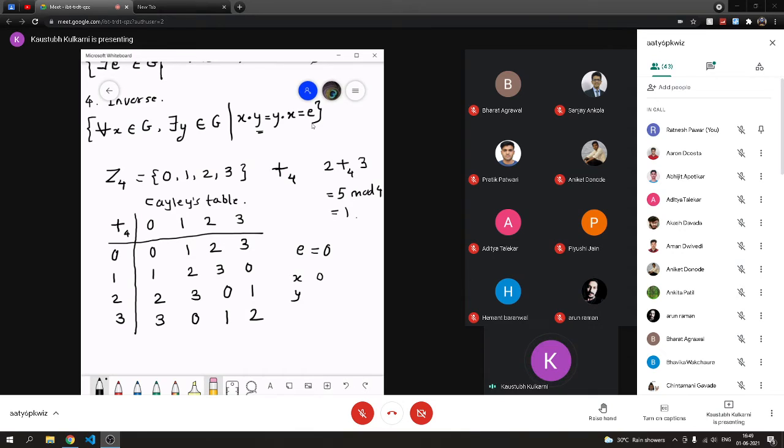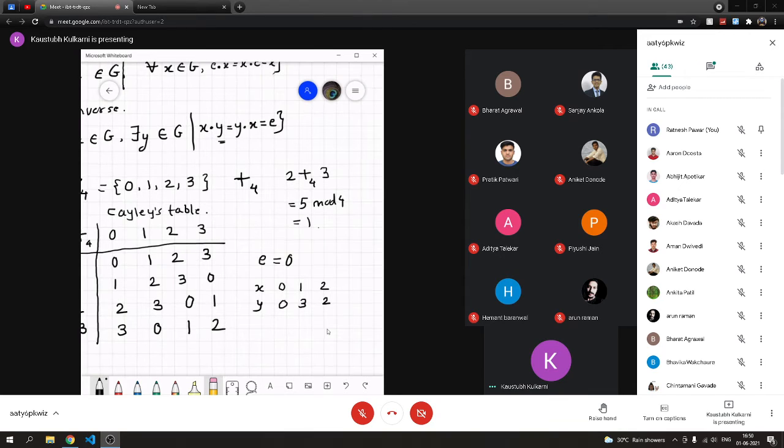So 0 plus 0 gives you the identity. In case of 1, 1 plus 3 gives you the identity. In case of 2, 2 itself gives you the identity. And in case of 3, inverse is 1. Because 3 plus 1 is 4, and 4 mod 4 is 0.